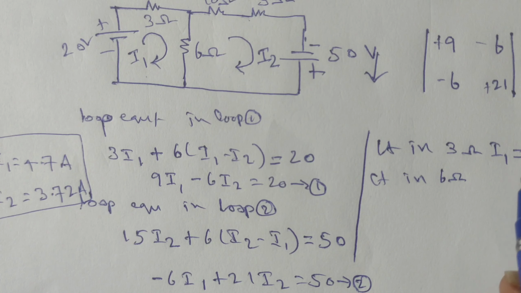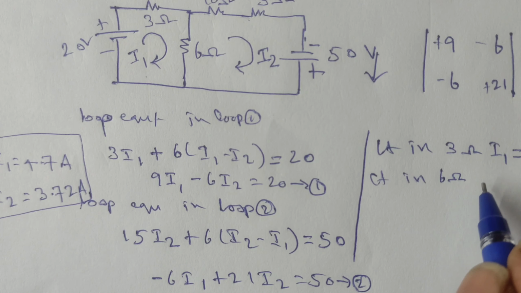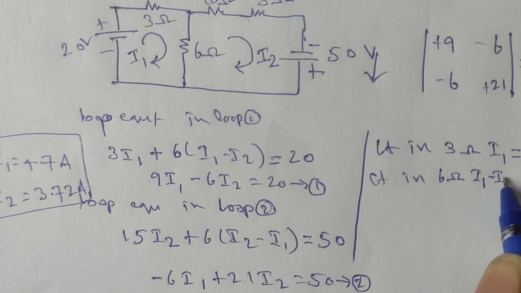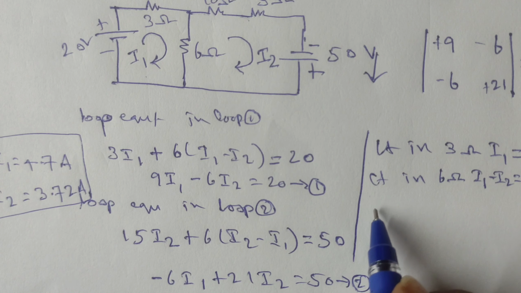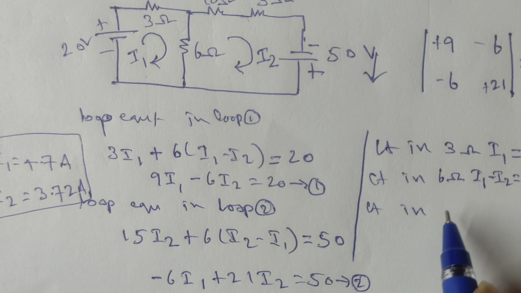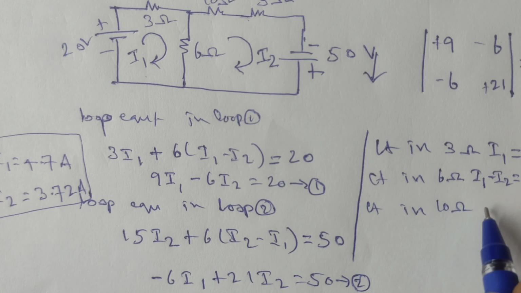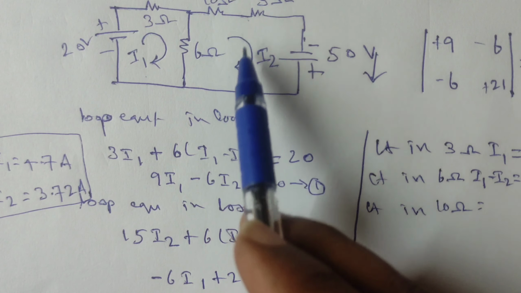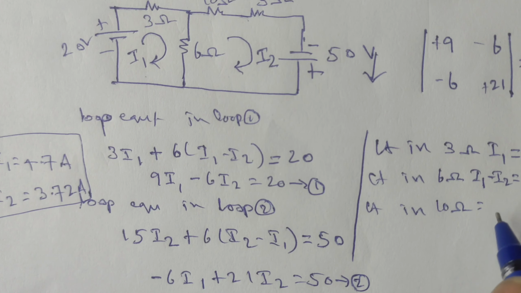If you take the difference between those two, because I1 is the higher one, higher minus lower will give 0.99 ampere. And the current in the 10 ohm resistance, this is the 10 ohm, here we have a direct independent I2 current, so the I2 value is 3.72 amps.